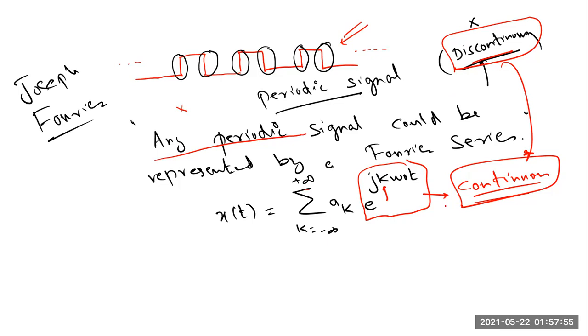So now, how can we answer this question? Which type of periodic signal will have a Fourier series representation?